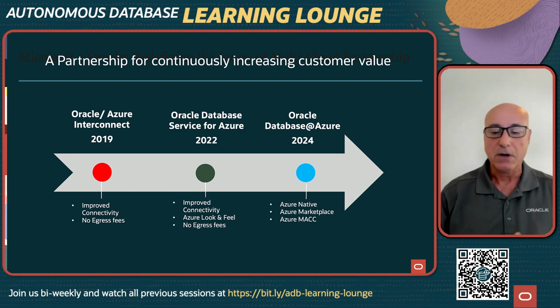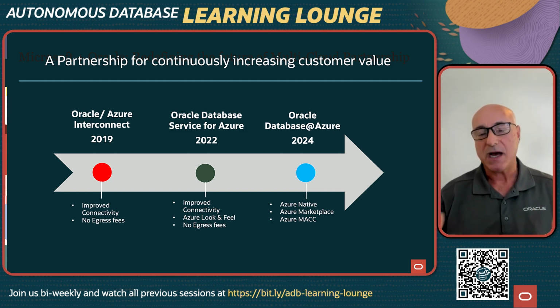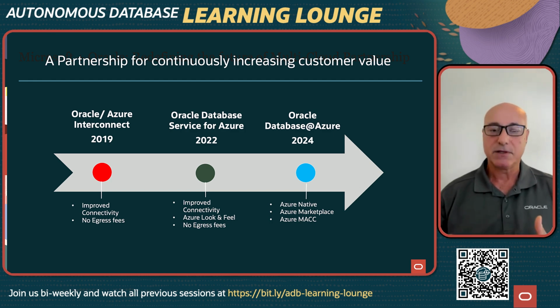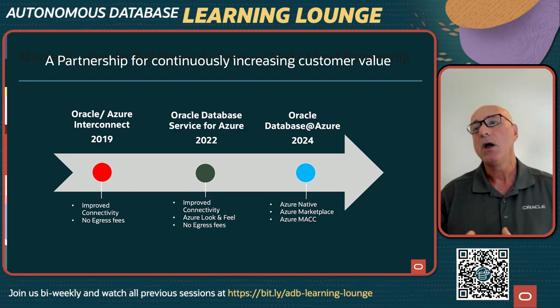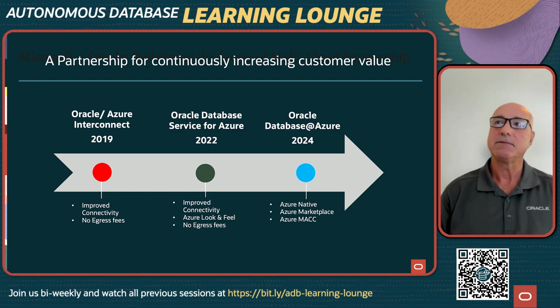We've integrated into the various APIs that Azure offers, the resource manager, and all of the PowerShell DevOps innovation. So we brought out the notion of not only leveraging the improved connectivity we had put in place in 2019, but also the Azure portal look and feel, and we call that the Oracle Database Service for Azure.